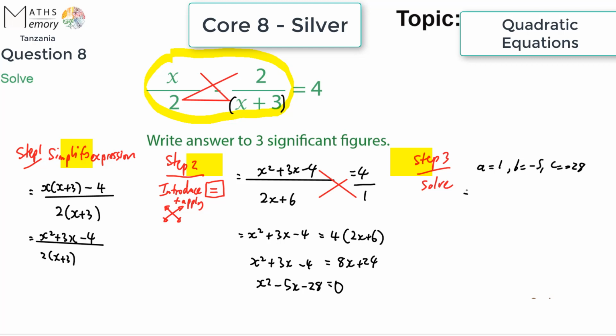So we have minus minus 5, so plus 5, plus the square root of minus 5 squared minus 4 times 1 times minus 28 over here. And the whole thing we're going to write over 2 times 1 in this case. So 2 times 1 is simply going to be 2.